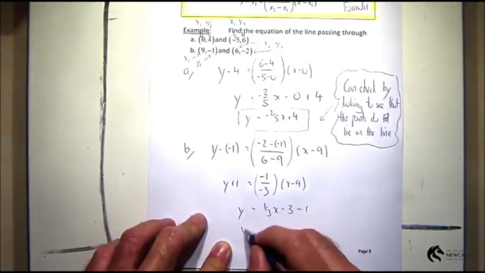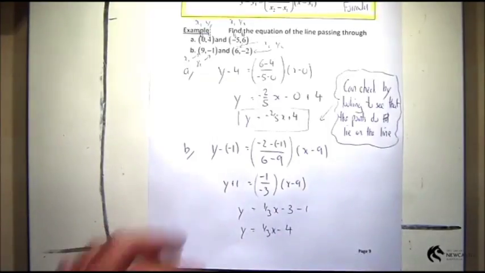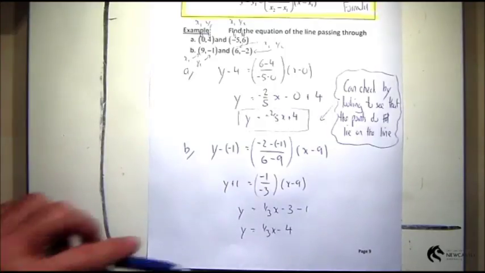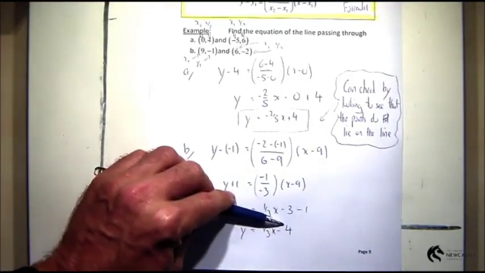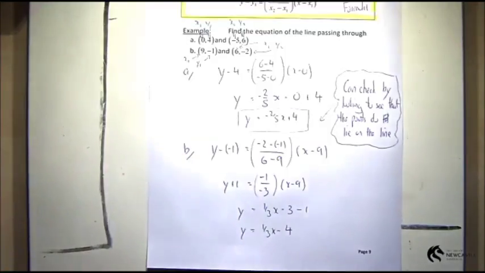So I have here y is equal to 1/3 x minus 4 would be the equation of the line. So this line has slope 1/3, cuts the y-axis at -4, because this is in point gradient form.